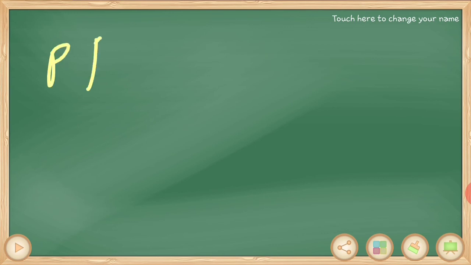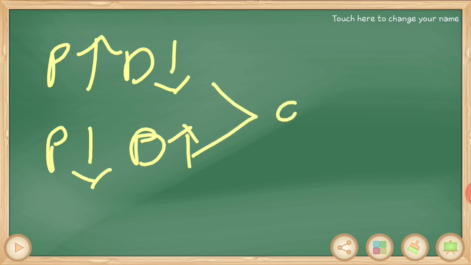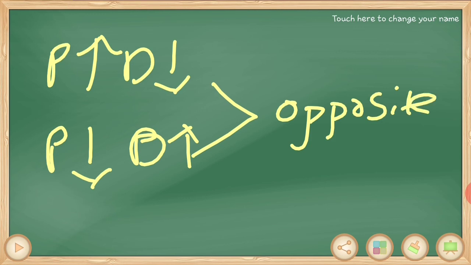When price is more, demand is less. When price is less, demand is more. So, there is an opposite relationship between the price and quantity demanded. Then let us try to solve the problem.